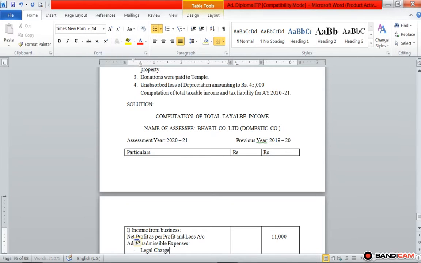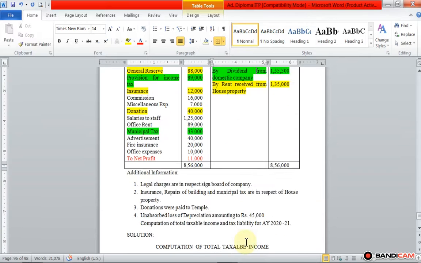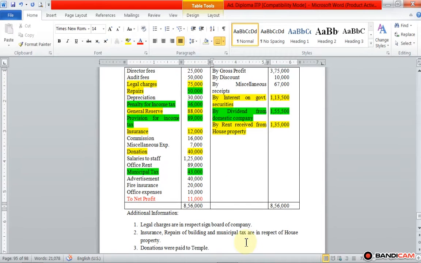Legal charges, being a capital expense, amounting to rupees 75,000. Then the next one is repairs.